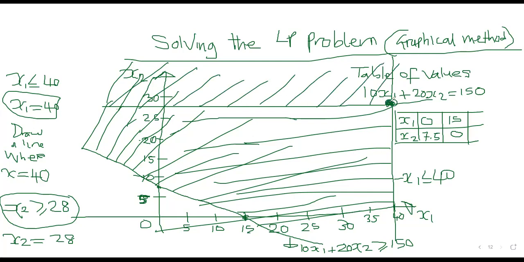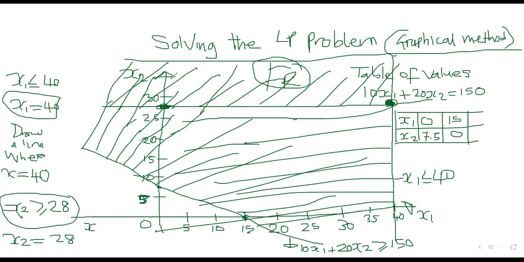So the feasible region is a region where all the shadings from all the lines converge. So this line comes here. This is our feasible region, FR. Of course, this other line here is our x2.